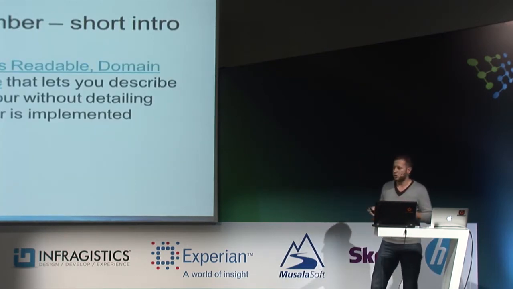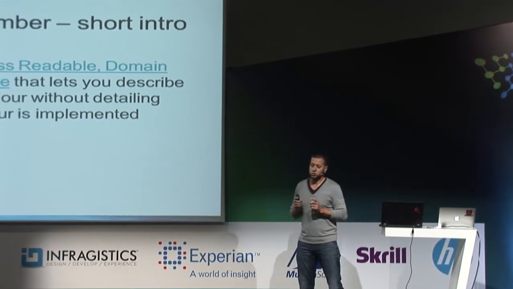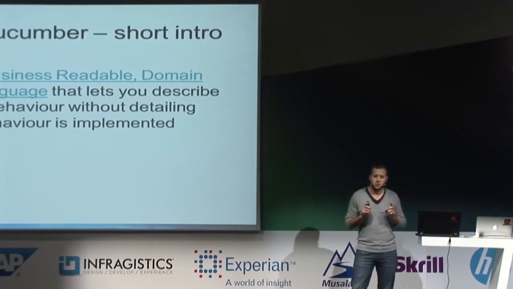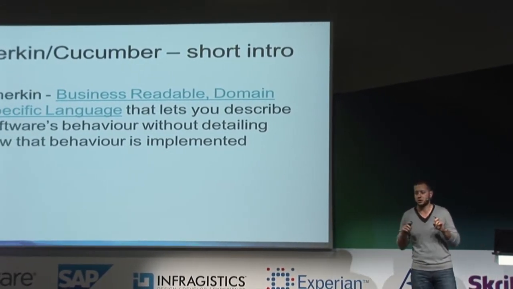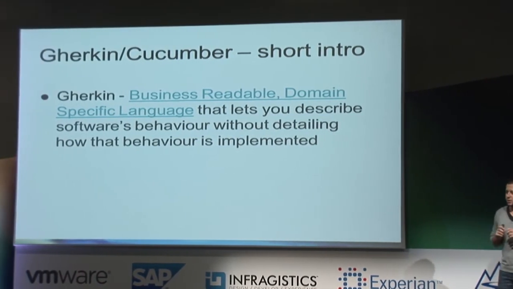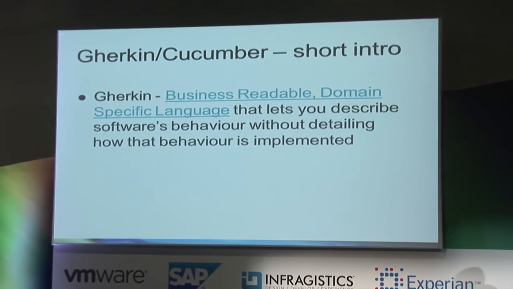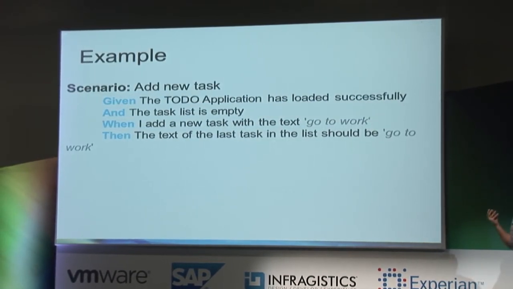So I'm sure a lot of you know about Cucumber and about Gherkin, but for those of you who don't know, Gherkin is a business-readable, domain-specific language which actually lets you express customer requirements in a way that doesn't include implementation details. And I can give you an example. So this is a scenario implemented in Gherkin which performs adding a new task, okay?